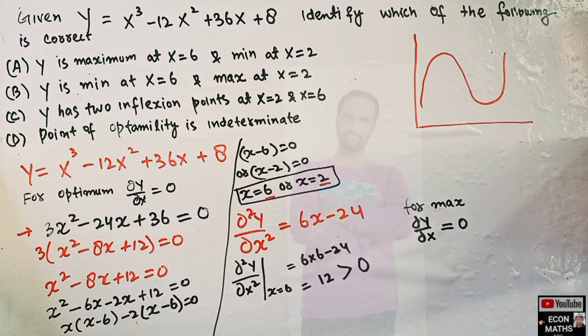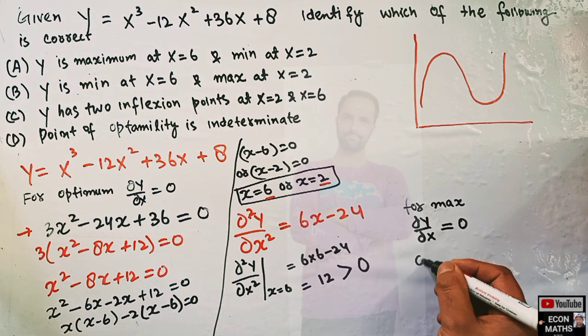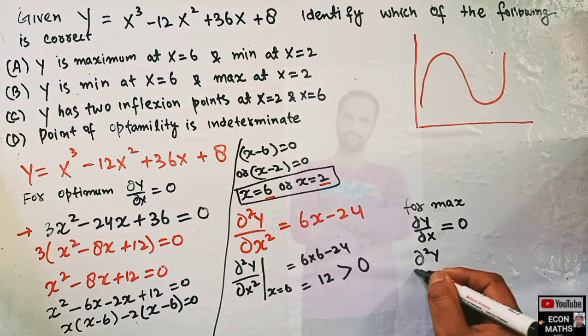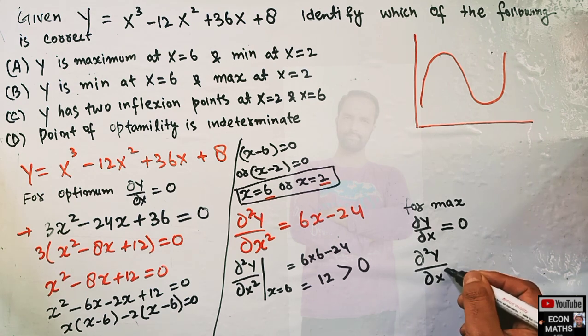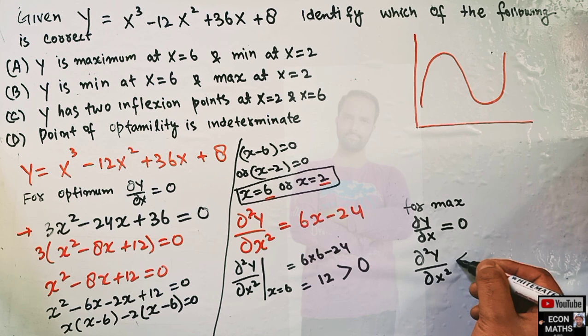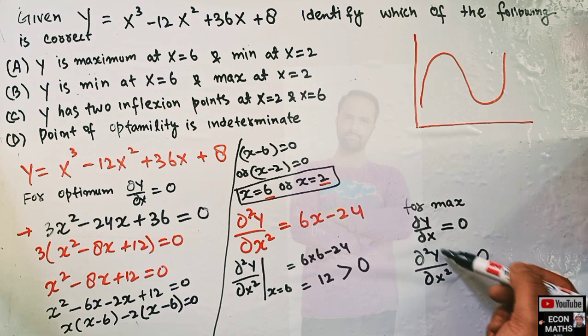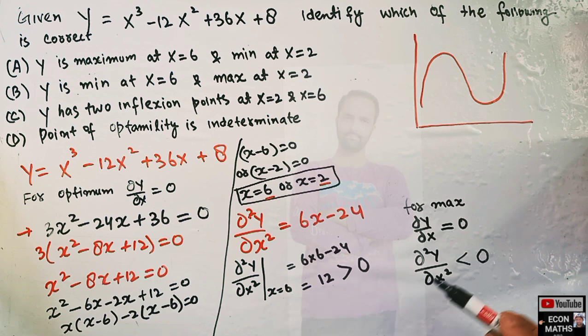We set it equal to 0, and d square y upon dx square, that means the second derivative, should be less than 0. When we put the critical point into the second derivative, it should be less than 0, but here we got a number which is greater than 0.